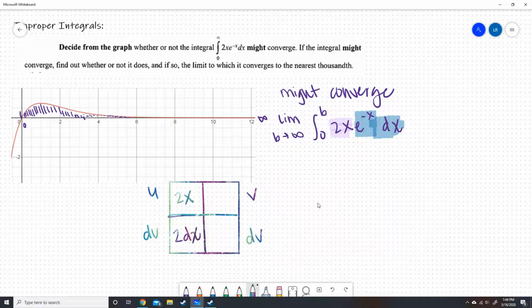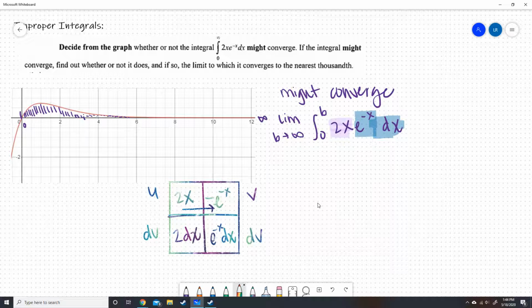My dv is going to be e to the negative x dx, meaning that my v would have had to be negative e to the negative x, because when I took the derivative of this, the negative would drop down, making that positive again. So now I'm ready to integrate.